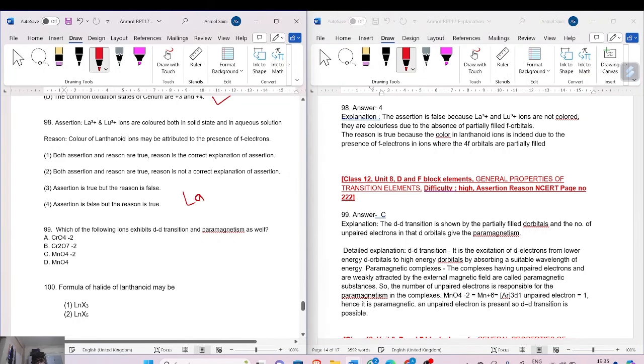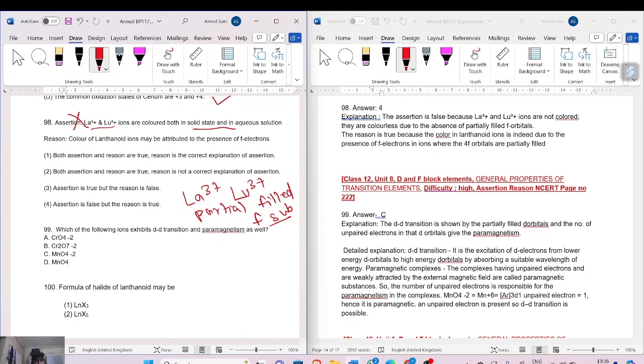When we calculate their electronic configuration, they don't have a partially filled f subshell. So when they don't have a partially filled f subshell, they can't show color in solid and aqueous state. So the assertion is incorrect. We can easily calculate by writing its electronic configuration.